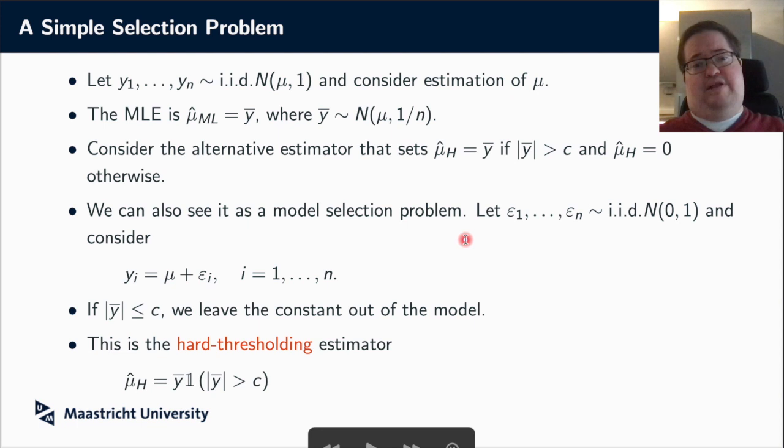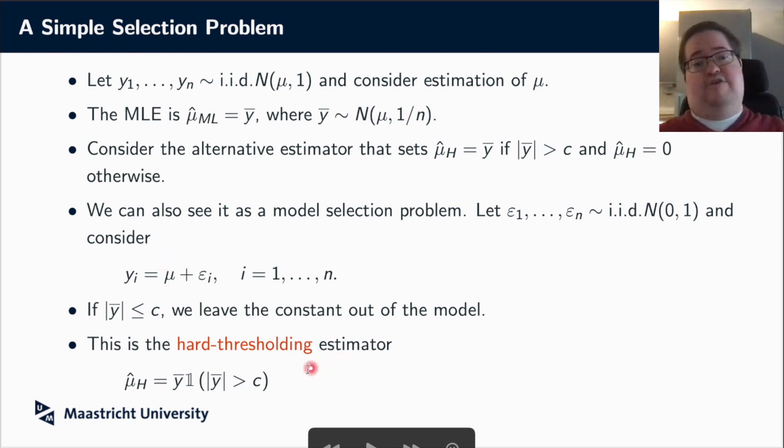So in terms of model selection, what we're doing is we're fitting a model with an intercept only, and if we decide that actually this intercept is not needed, using the rule that the absolute value of the sample mean is smaller or equal to c, then we leave it out of the model. And of course, in that case, the model for the mean would just be 0.